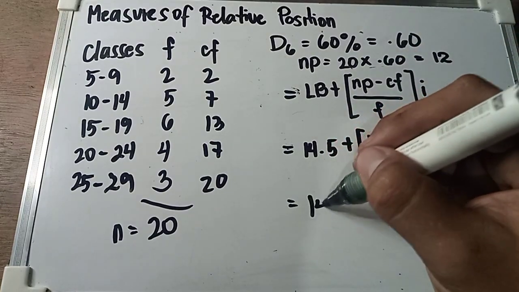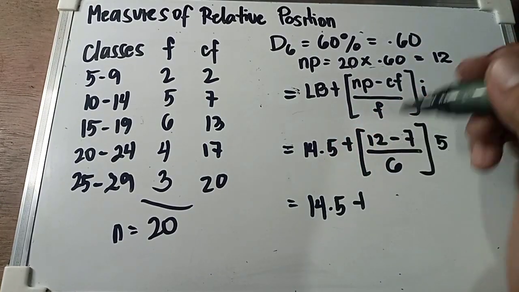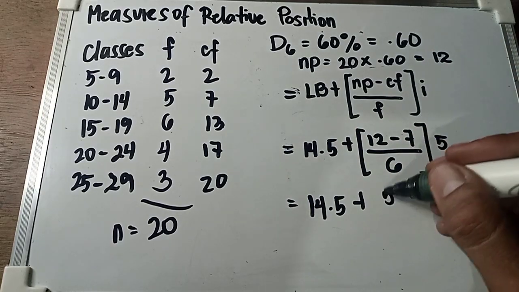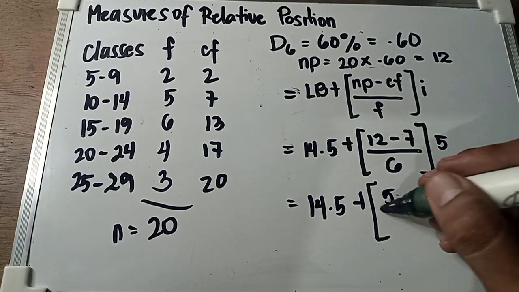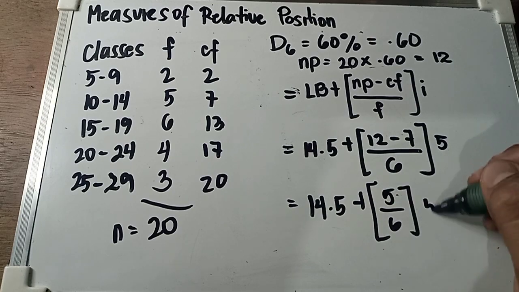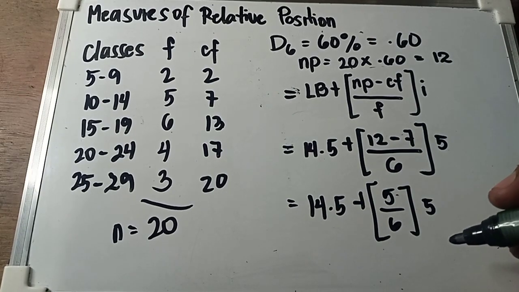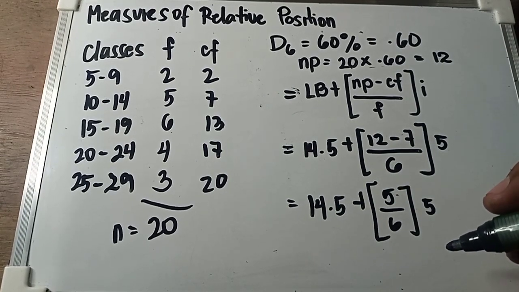So, 14.5 plus 12 minus 7 is 5 over 6, times 5. 5 divided by 6 will be 0.83333.